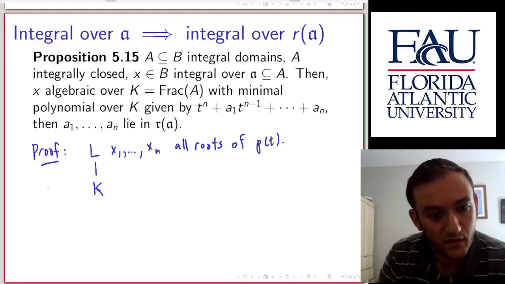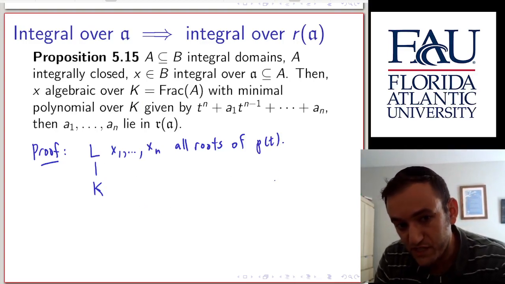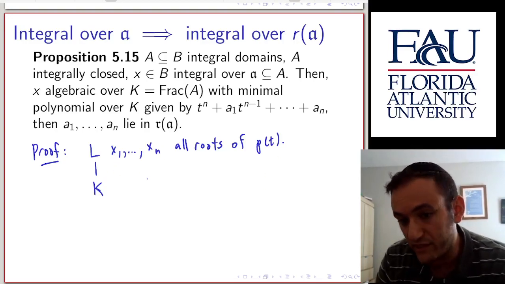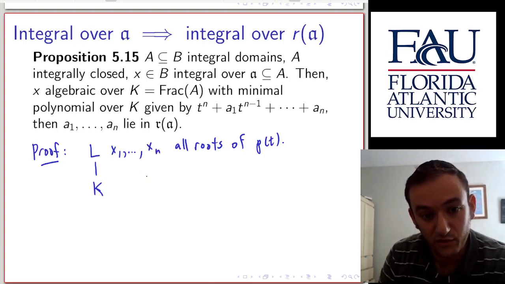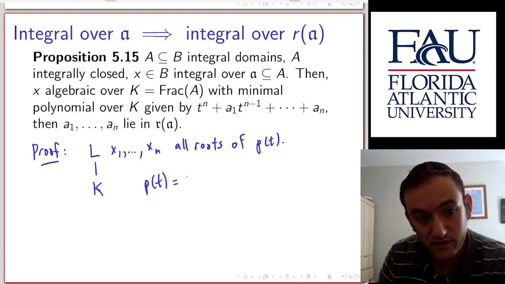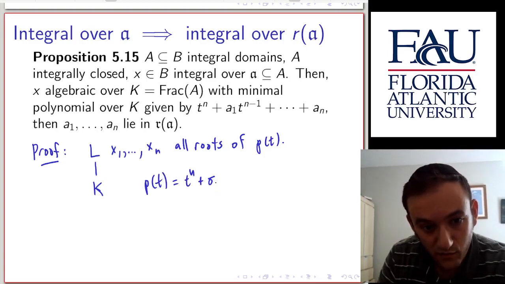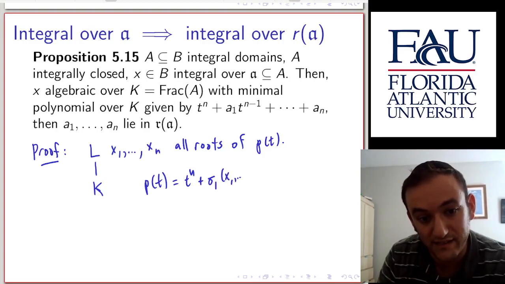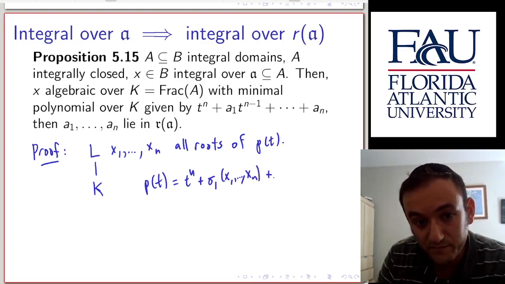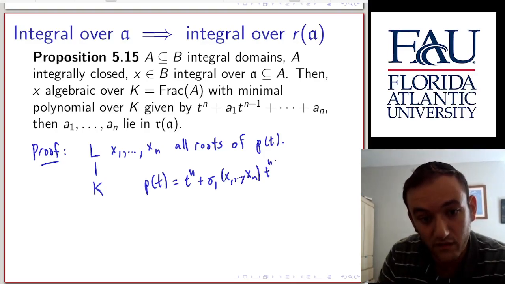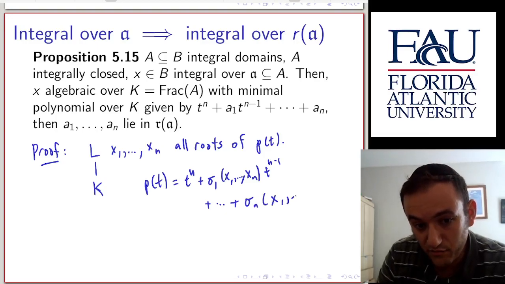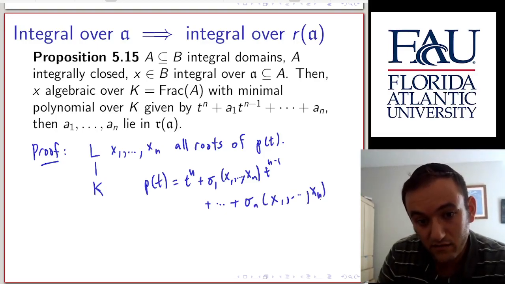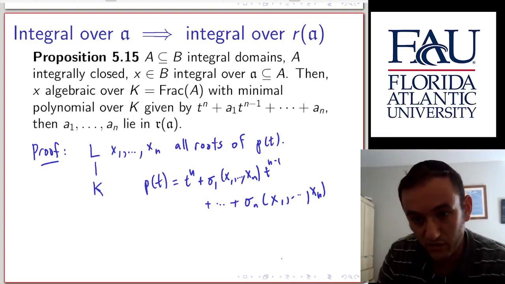Well then, in terms of what the coefficients of p of t are, they're all going to be elementary symmetric functions in the xi's. So the polynomial p of t is equal to t to the n plus sigma 1 of x1 through xn, etc., times t to the n minus 1, plus up to sigma n of x1 through xn. These are the elementary symmetric functions that appear in polynomials.